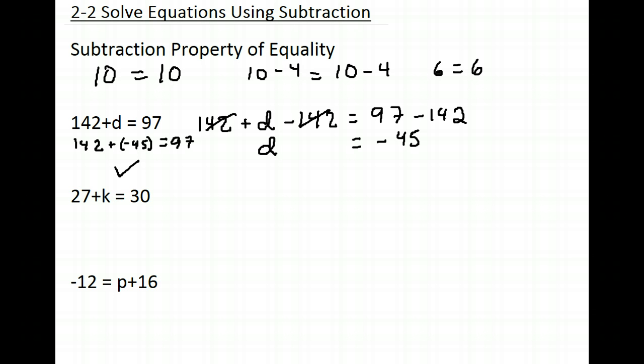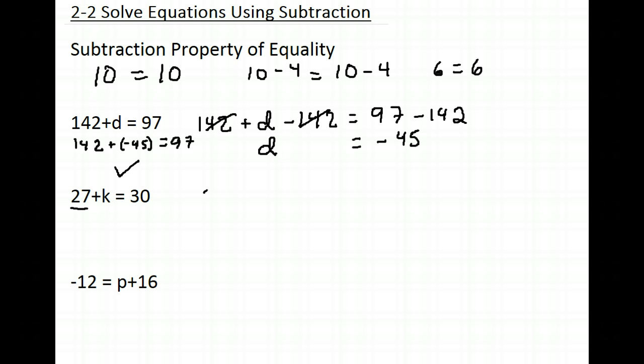We have 27 plus k equals 30. This is also on page 80. Now we have this 27. It's a positive 27, and we want to get rid of it from the left side. So let's subtract 27 from each side to get that k by itself.